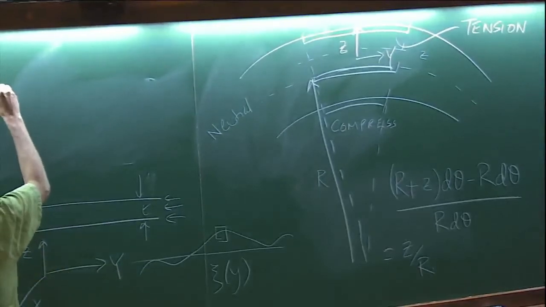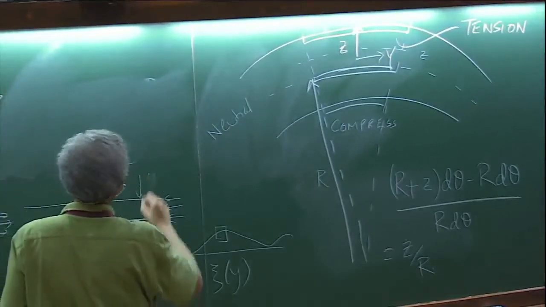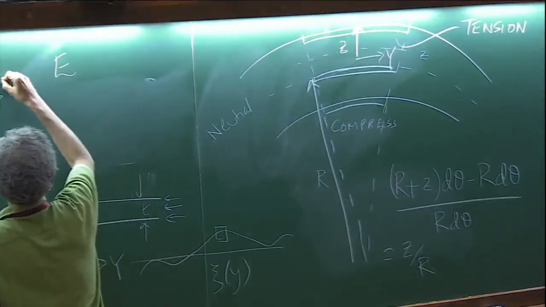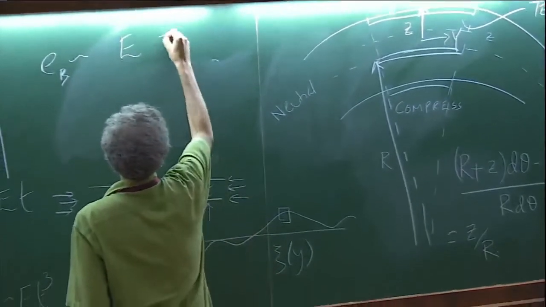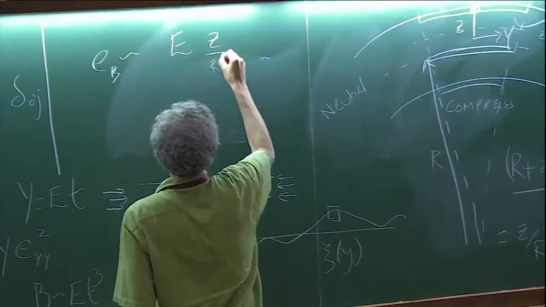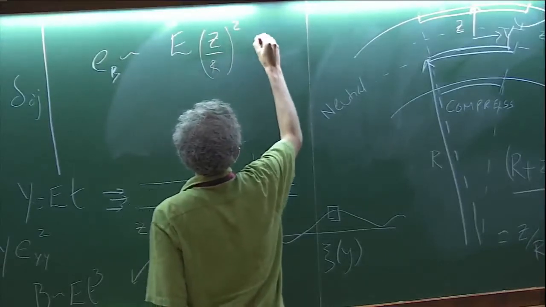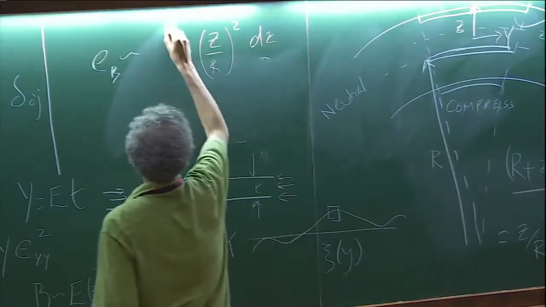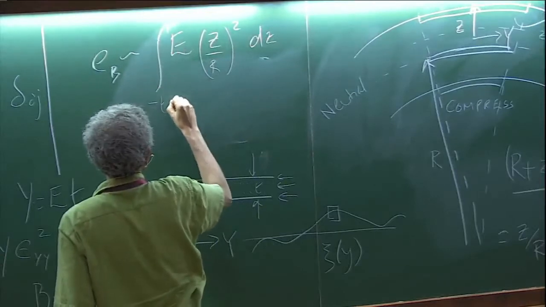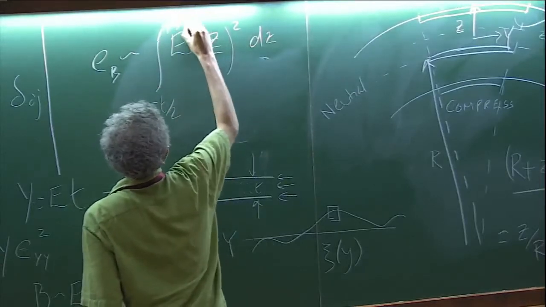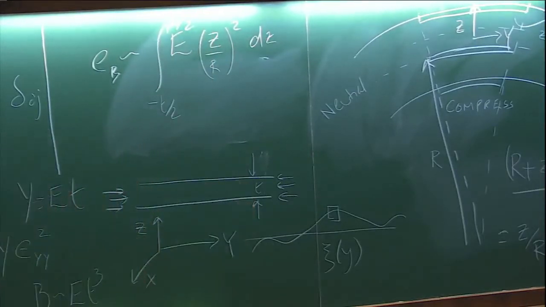So the energy density should be regular old E times Z over R squared dz, integrated from minus T over 2 to T over 2. Okay.